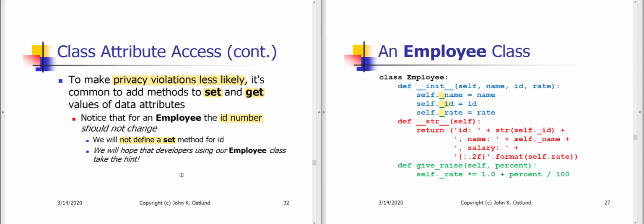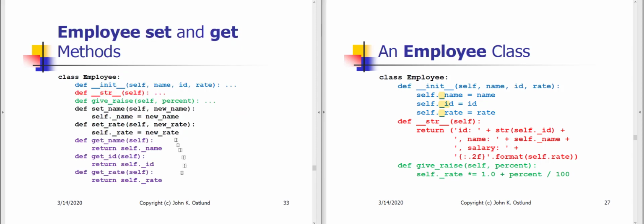Okay, so here is our new and improved implementation of our employee class. We still have dunder init, dunder str, and give raise. These methods have not changed, but we've added 2 new methods for setting the name and setting the rate, and 3 new methods for getting the name, getting the ID, and getting the rate.